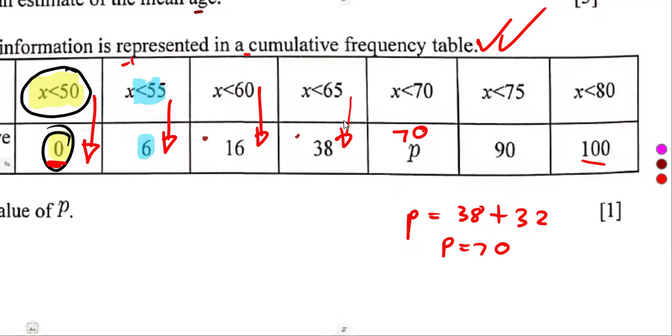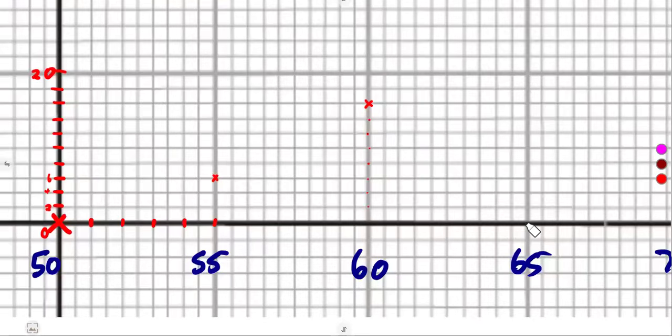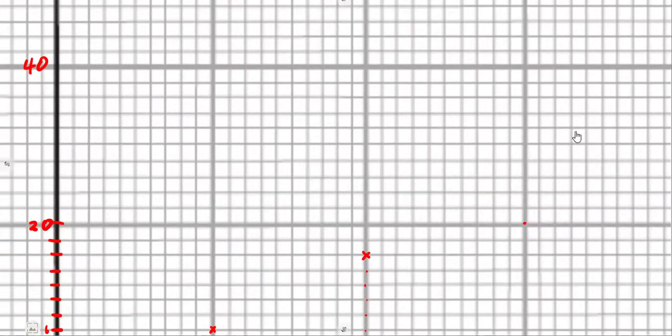Then another one, 65 versus 38. So this is 65, then 38, we must be above 20. This is 20 here. If we check, this is 40 here. So 38 is just going to be 1 box going down, because remember, 1 box represents 2. So that's our 38.